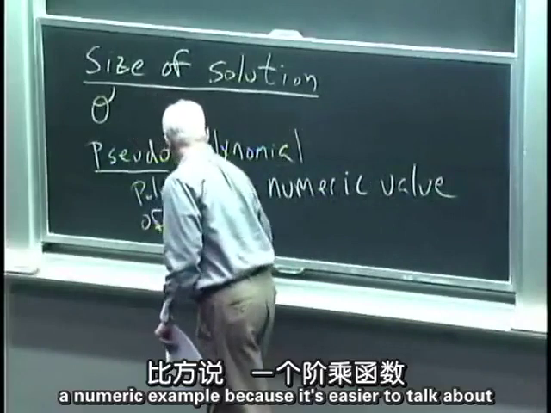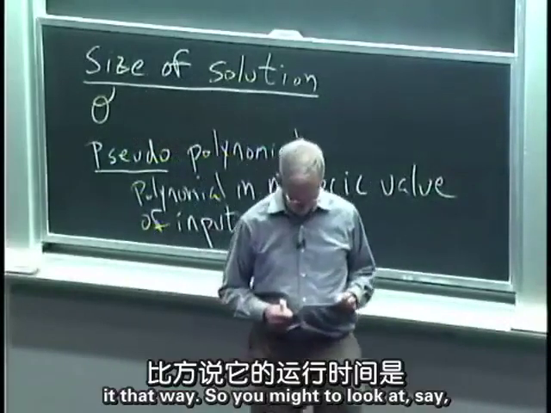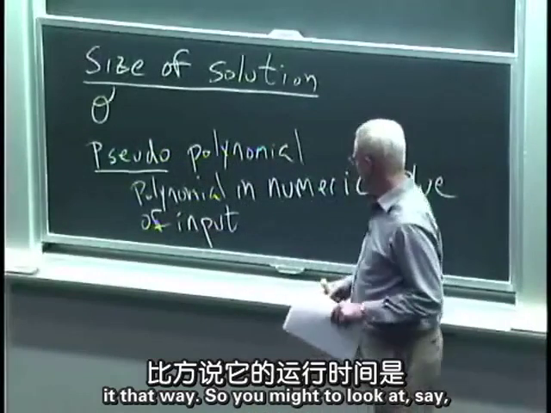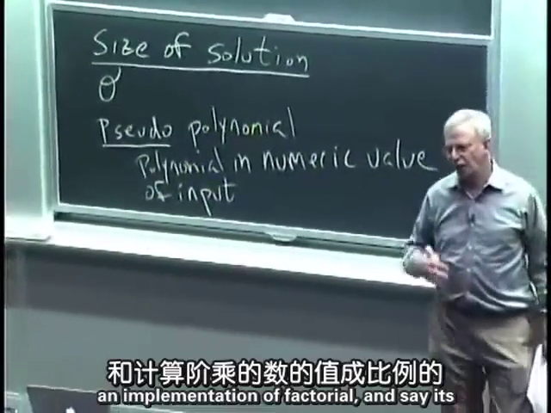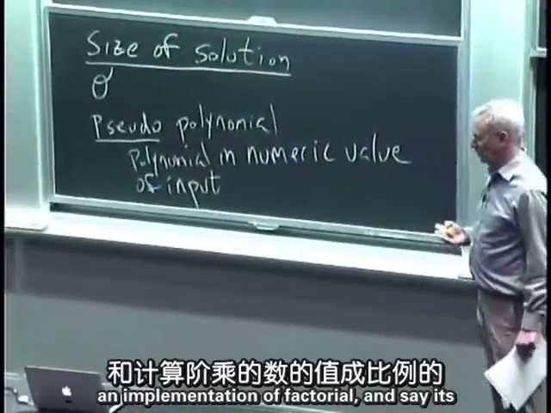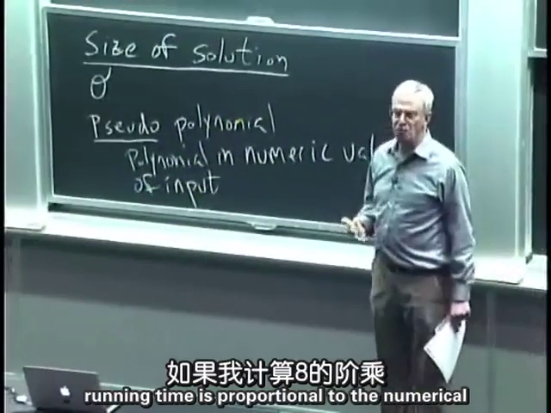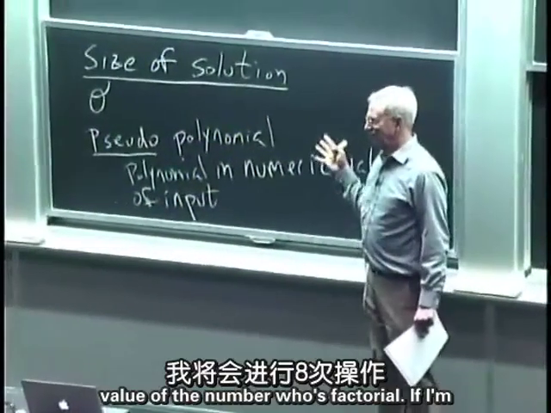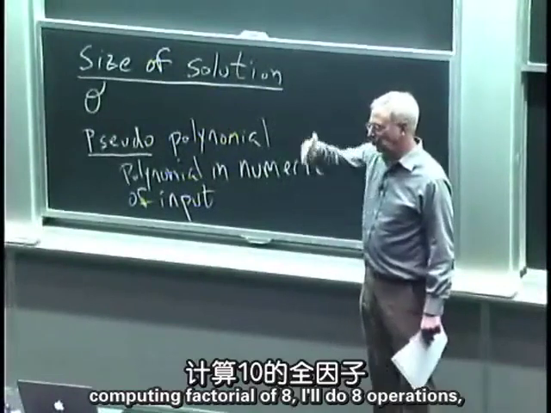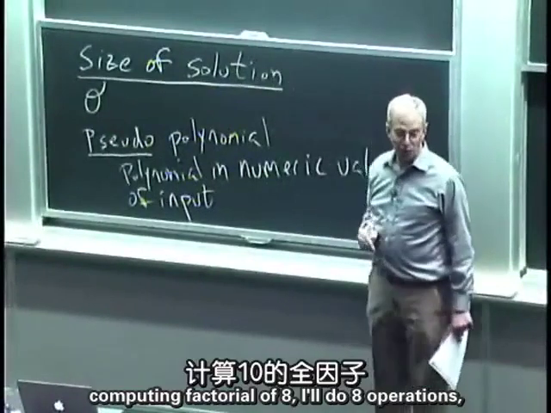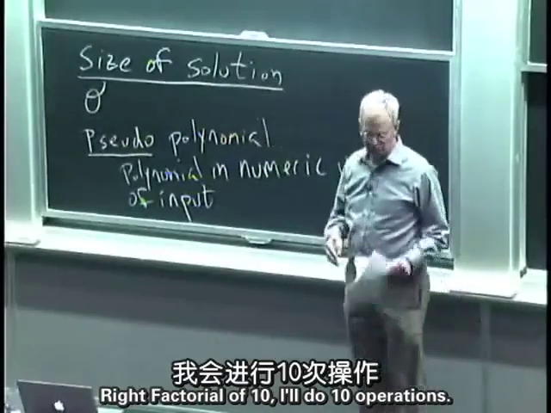I'm using a numeric example because it's easier to talk about it that way. So you might look at, say, an implementation of factorial and say its running time is proportional to the numerical value of the number. If I'm computing factorial of 8, I'll do 8 operations, right? Factorial of 10, I'll do 10 operations.